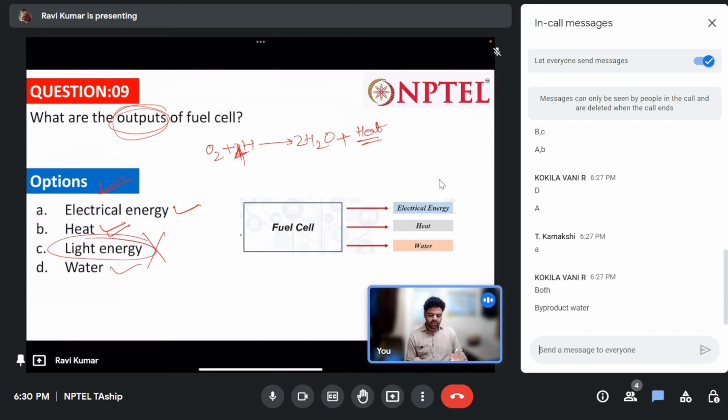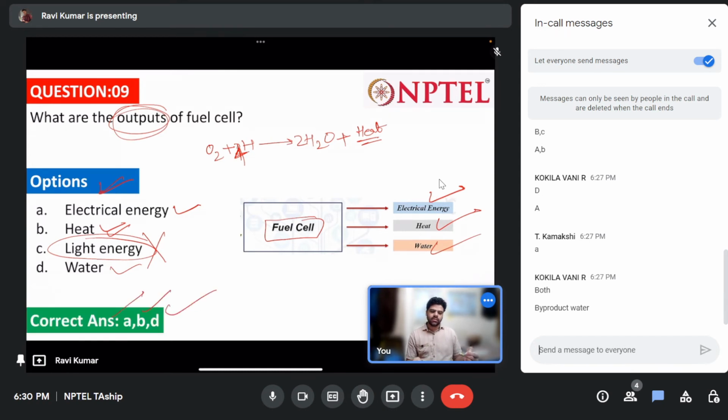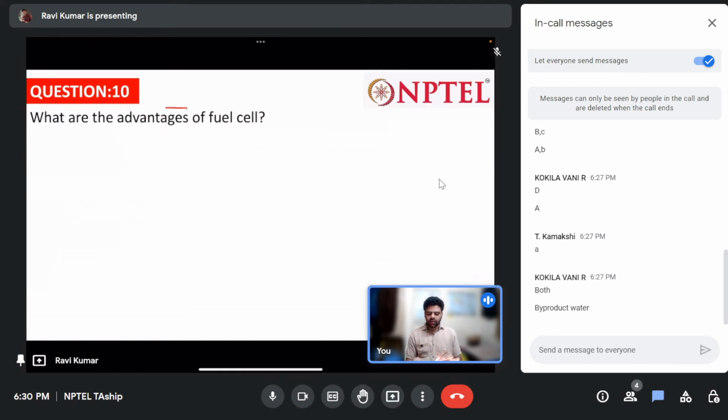Here you can see this is a fuel cell, and electrical energy, heat energy, or water are the outputs from this fuel cell. So options A, B, and D are the correct answer here. Okay, now let's move to the next question, which says what are the advantages of fuel cell?